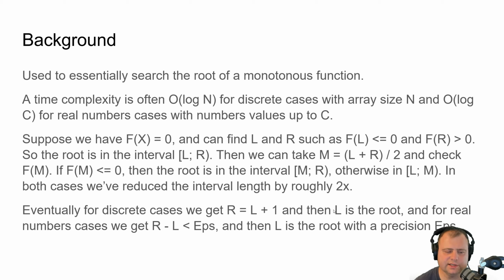For real number cases, we get to R minus L less than some epsilon, which is the precision that we need, and then L is the root with precision epsilon. And that's where we get the logarithm, because every time we exponentially change the length of the interval, so the number of steps is logarithmic.